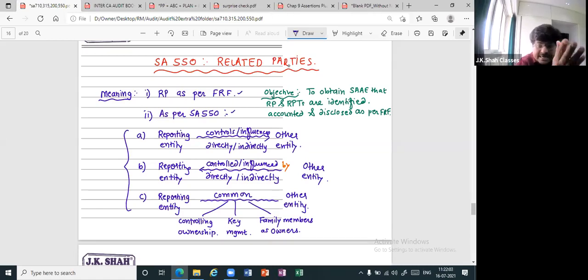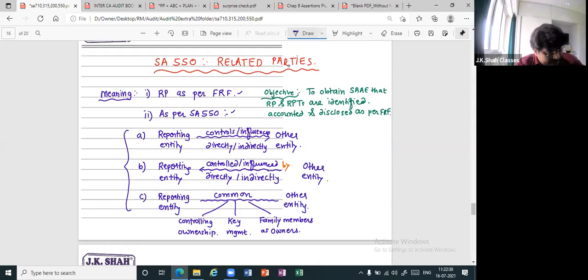Second, when the reporting entity is being controlled or influenced by the other entity directly or indirectly. You understand that it is reversed now. But I told you, whether it is this or that, eventually there is a relation. And lastly, the reporting entity and other entity have something in common. How many things in common? Three: controlling ownership, key management, family members as owners. This comes in the examination for 4 marks. Tell me if it is difficult.